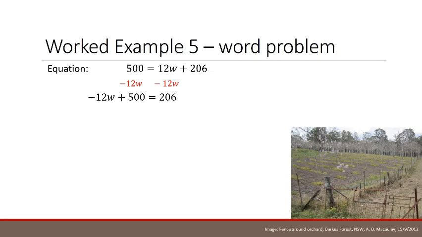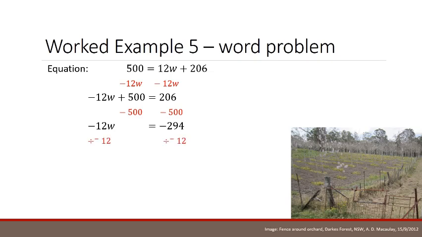On the right-hand side, the 12W disappears and we're just left with 206. Remember, we want to get numbers to the right, so we'll take 500 away. On the left-hand side, we're left with simply negative 12W, and then 206 minus 500, you may want to use a calculator for this, is negative 294.